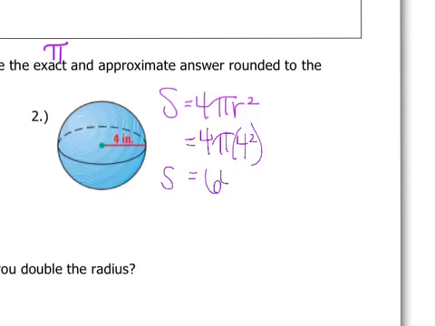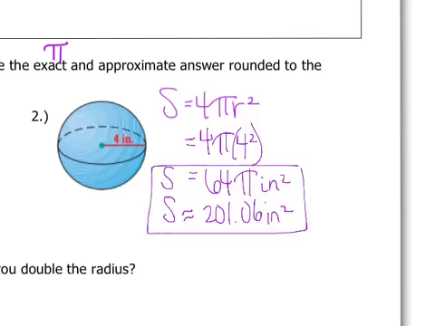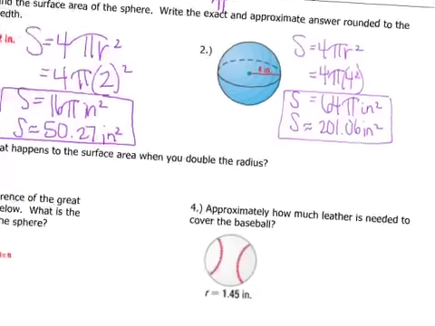Thank you. I had somebody else saying pi, but I want you to tell me. And then what is your approximate answer? 201.06 inches squared. All right, thank you. Pretty straightforward here.